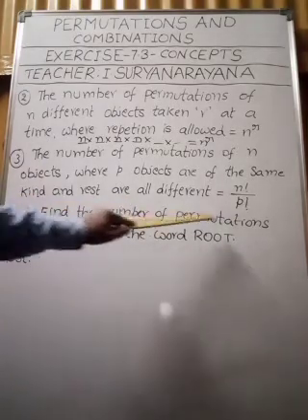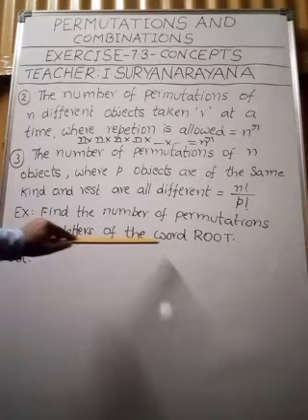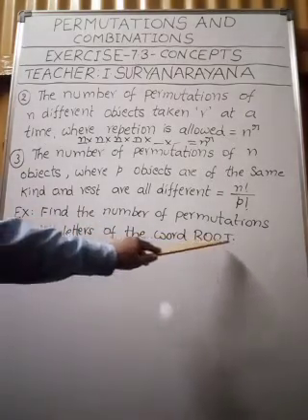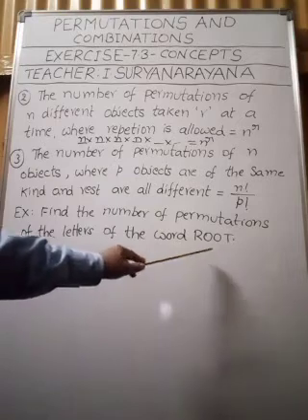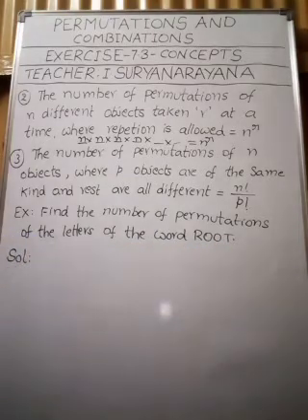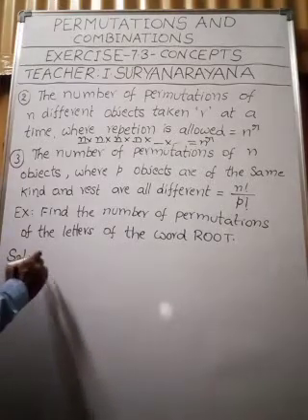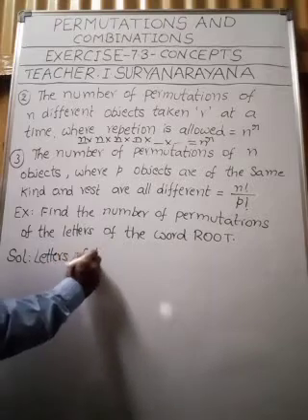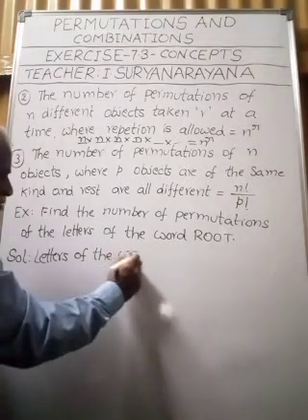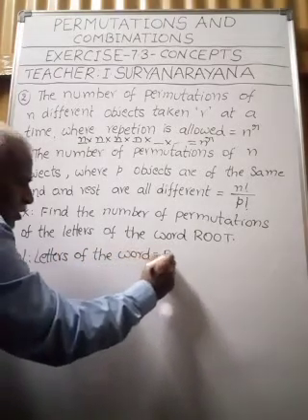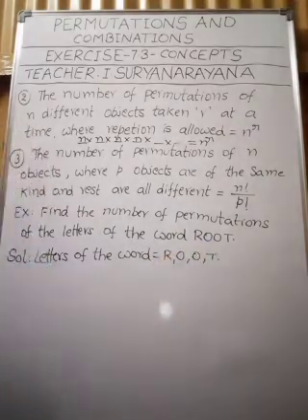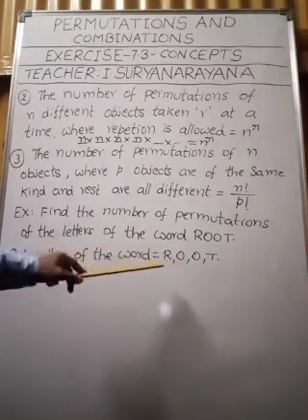Find the number of permutations of the letters of the word ROOT. You have to write all possible ways of arranging these letters. What are the letters of the word? The letters of the word are R, O, O, T. These are the letters of the word.